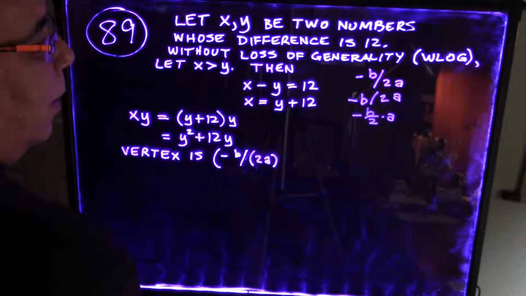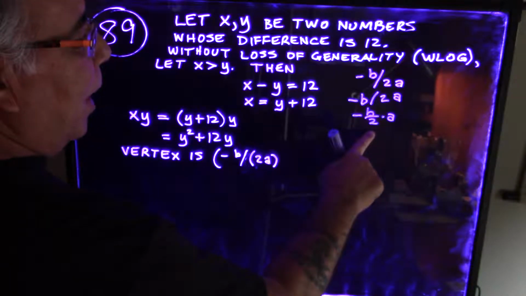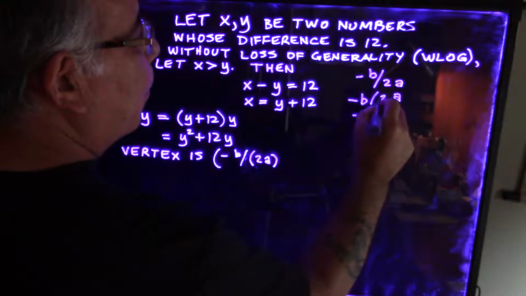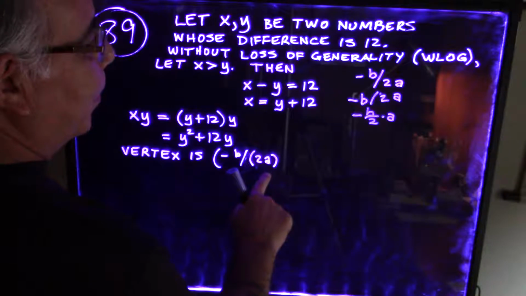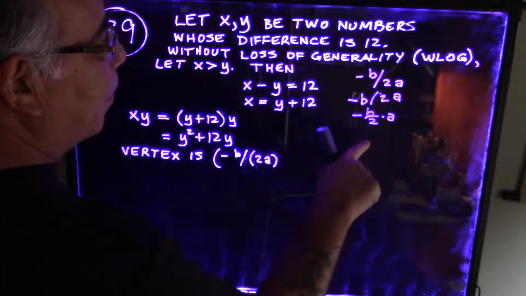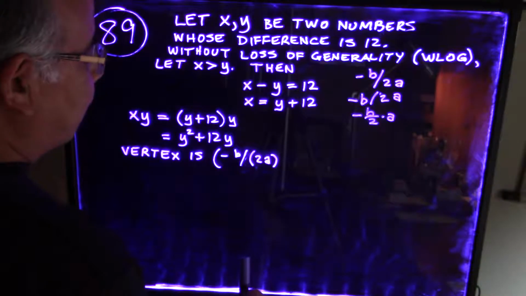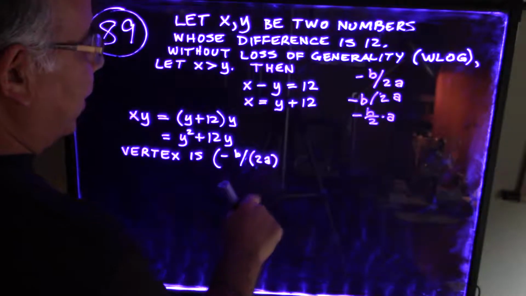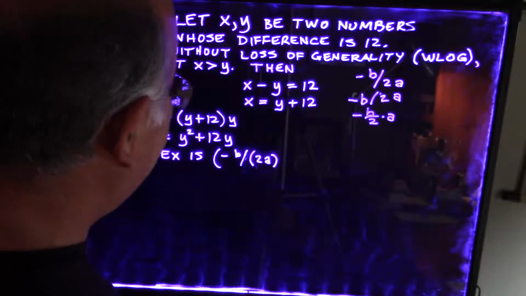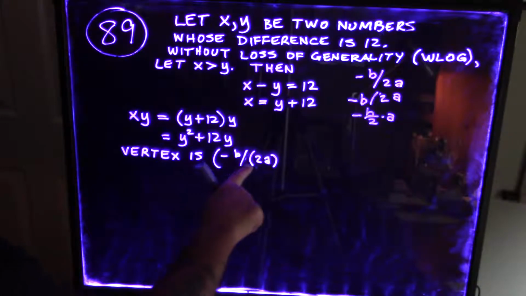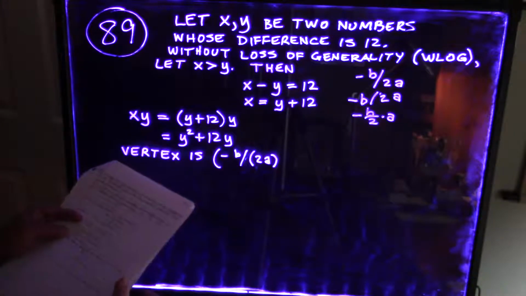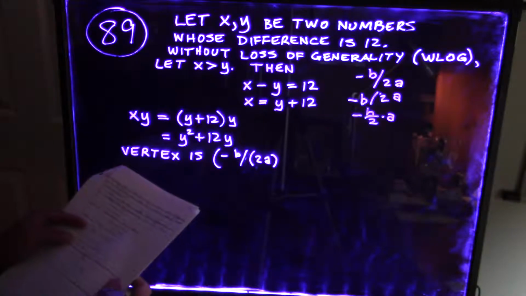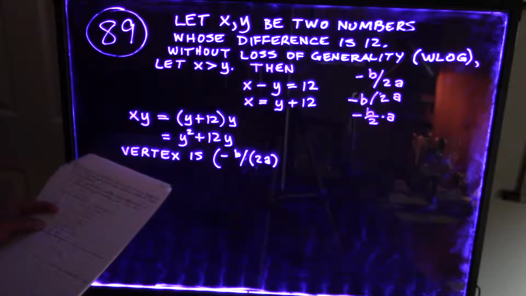I didn't put the a in the denominator. So what you have to do is put parentheses around the whole denominator to make sure that's not mistaken. The whole 2a belongs in the denominator. So if you write it horizontally, be sure to put parentheses around that whole thing. Otherwise, it can justifiably be marked incorrect by your professor.